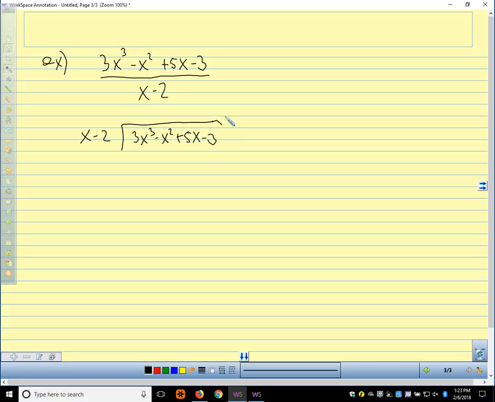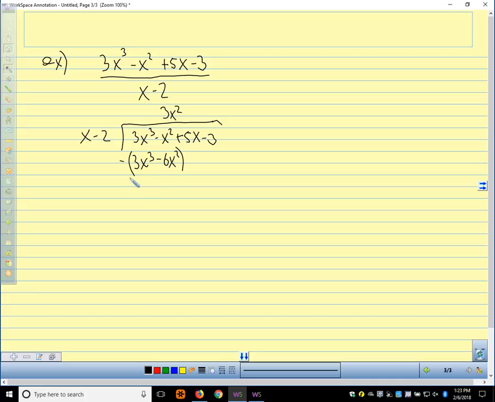All right, so let's do our division. What do we have to multiply x by to get 3x cubed? 3x squared. So I get 3x cubed minus 6x squared.